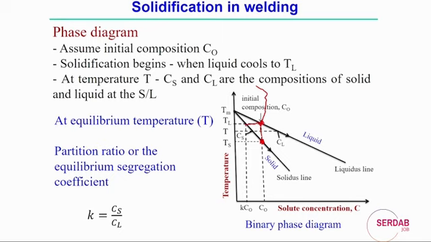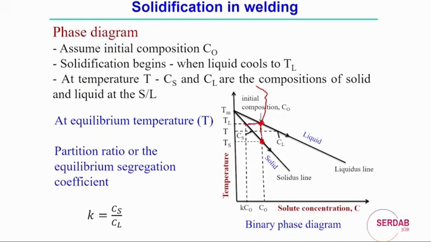Now, what is the typical point here? At any temperature T, Cs represents the solid composition and Cl represents the liquid composition, with the liquid and solid phases coexisting.